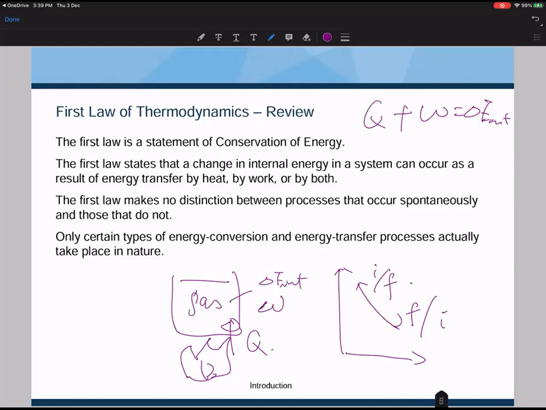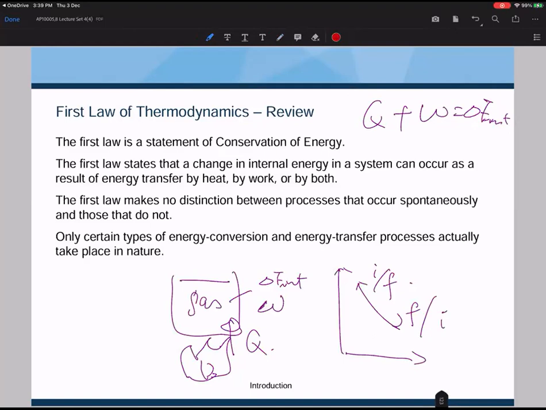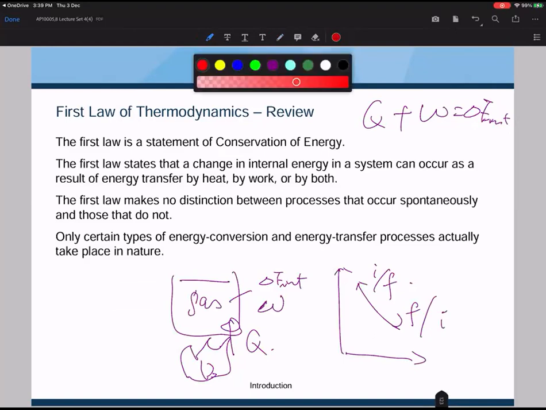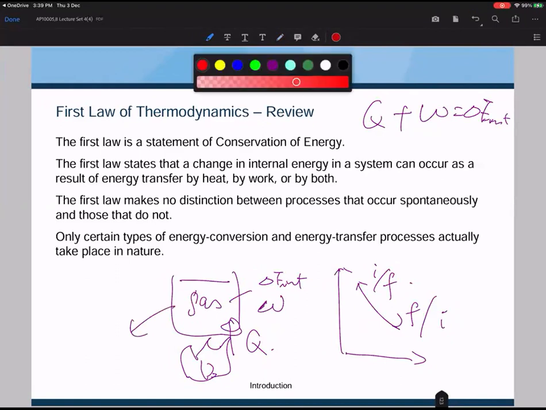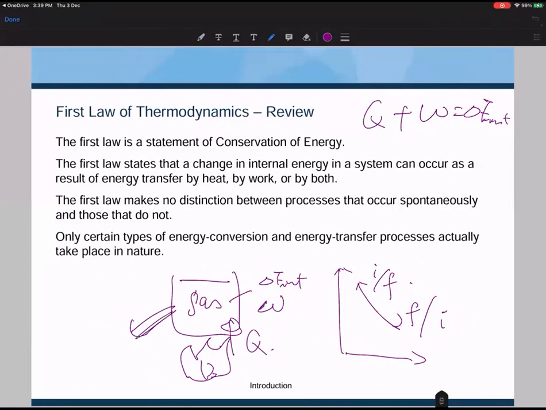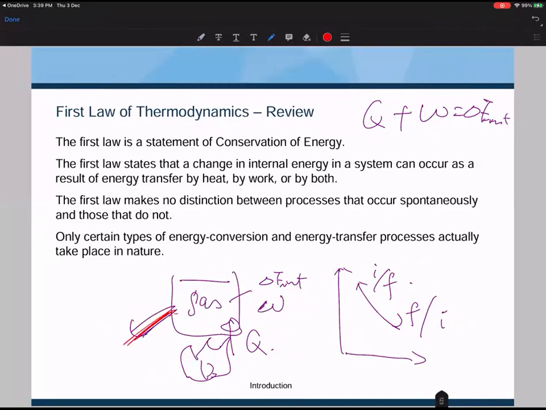Heating up a gas is easy. On the other hand, cooling the gas does not simply involve taking away the internal energy and work done and putting it back into the fire, for example.